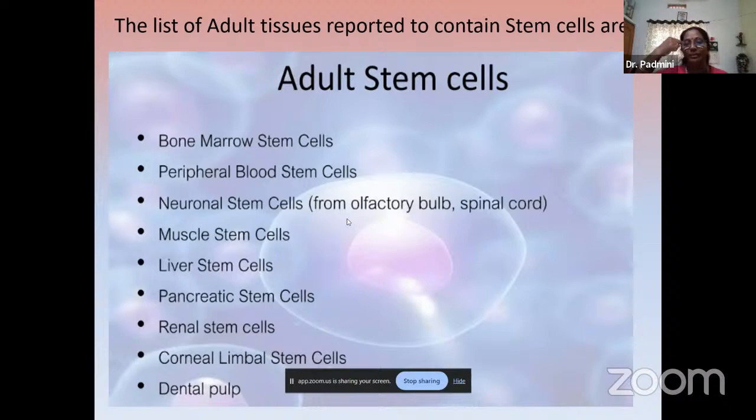Corneal limbal is the cells from the cornea. You can take out some small cells which act as adult stem cells over there, and of course the dental pulp, which has those stem cells. That is the reason why we are able to maintain our dental well-being by taking care of them. So dental pulp.